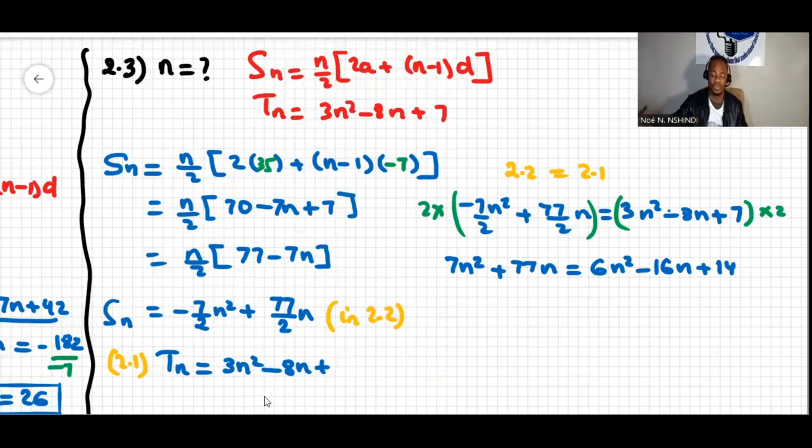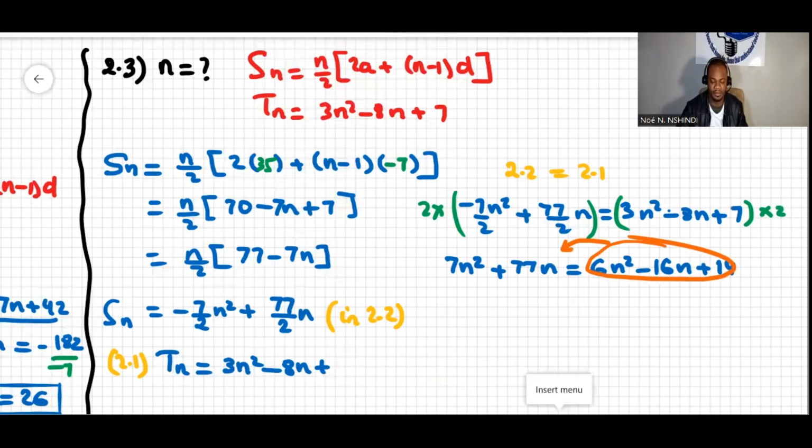I'll move whatever is on the right-hand side to the left-hand side.